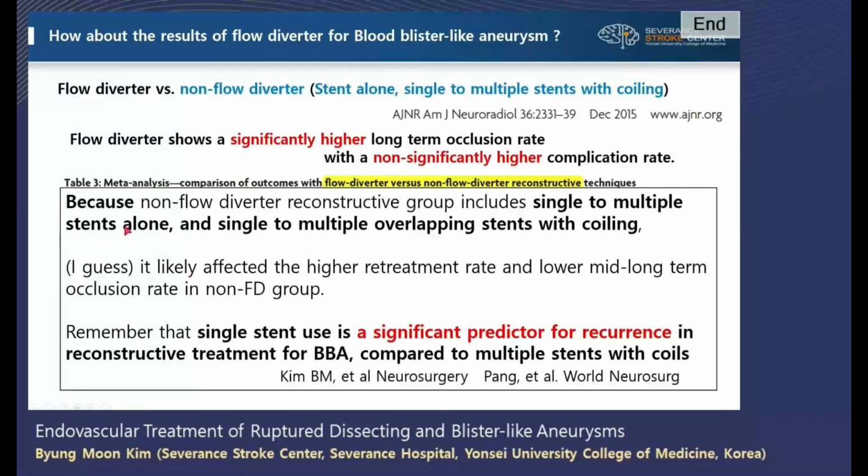In this report, because the non-flow diverter reconstruct group included single to multiple stents alone, and single to multiple overlapping stents with coiling, I guess it likely affected the higher retreatment rate and lower mid to long-term occlusion rate in the non-flow diverter group. Single stent use is a significant predictor for recurrence in reconstructive treatment of BVA compared to multiple stents with coils.